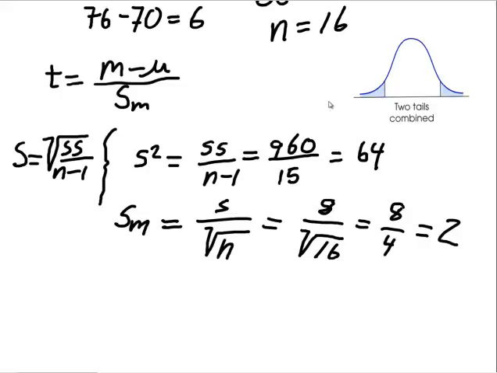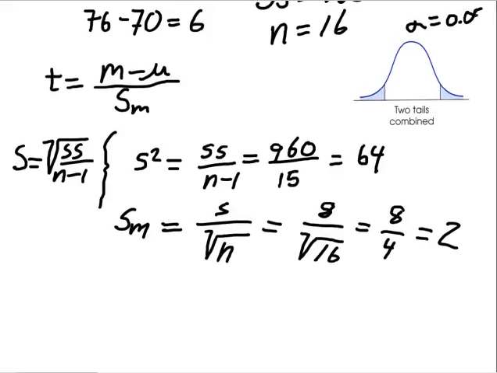Oh, for part C, we're going to look at this, and this is again a two-tailed test. And so we'll notice that alpha is going to equal 0.05, and that means that both of these tails are going to be 0.025.